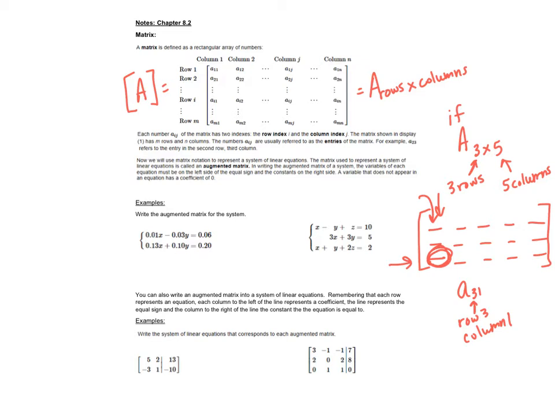The reason that we want to look at this is because what we looked at so far is we've been able to solve 2 variables with 2 equations, 3 variables with 3 equations. But let's say that I had 9 equations and 10 variables, right? Some kind of really large number.